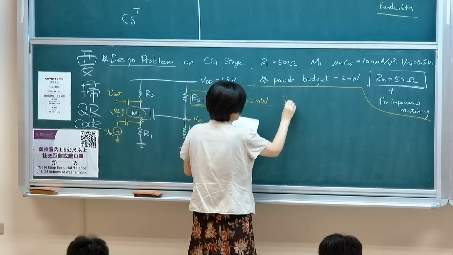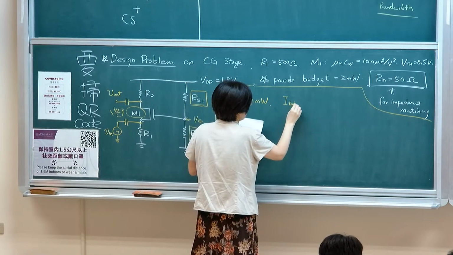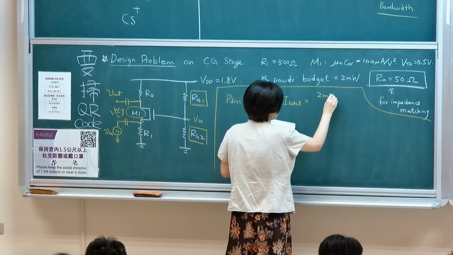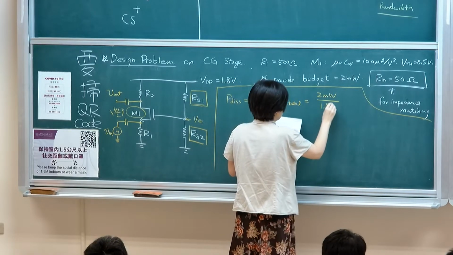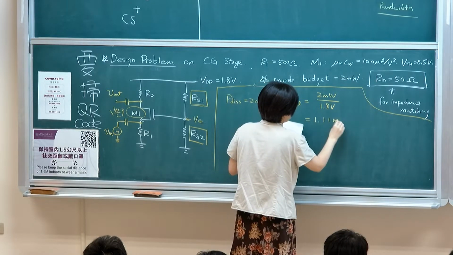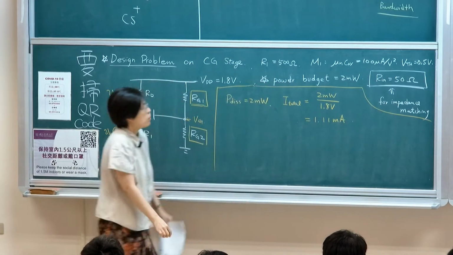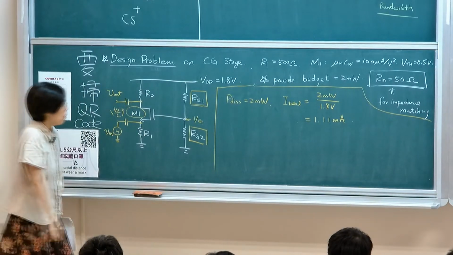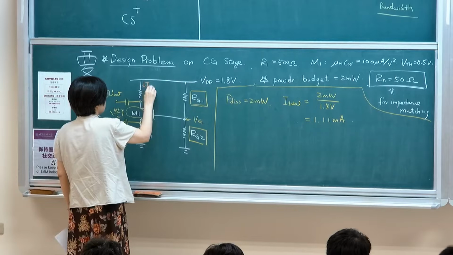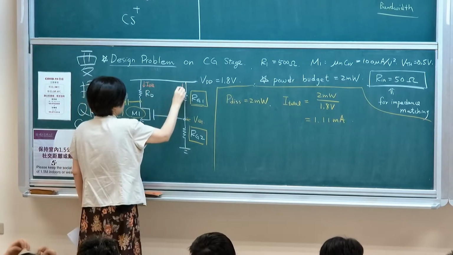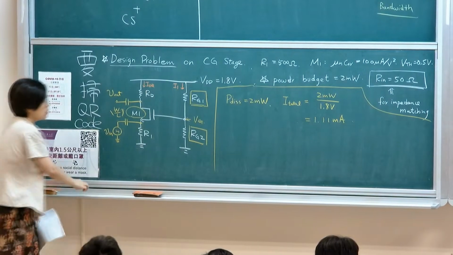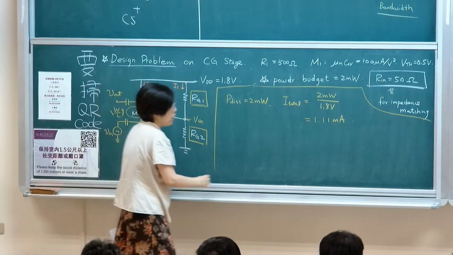So the total power available is 2 milliwatt at 1.8 volt, which gives 1.11 milliamp. You have two branches of current. One is IDQ, the other is the biasing current, let me say I1. So this is the total amount available.